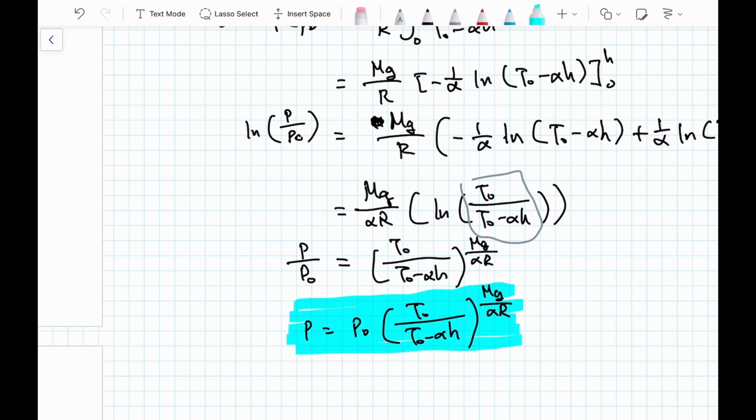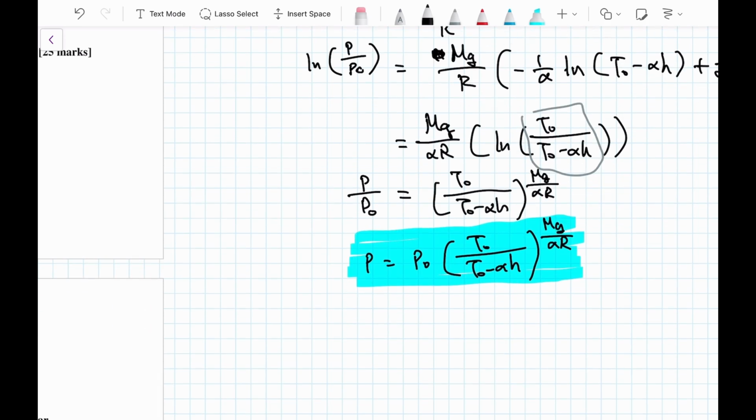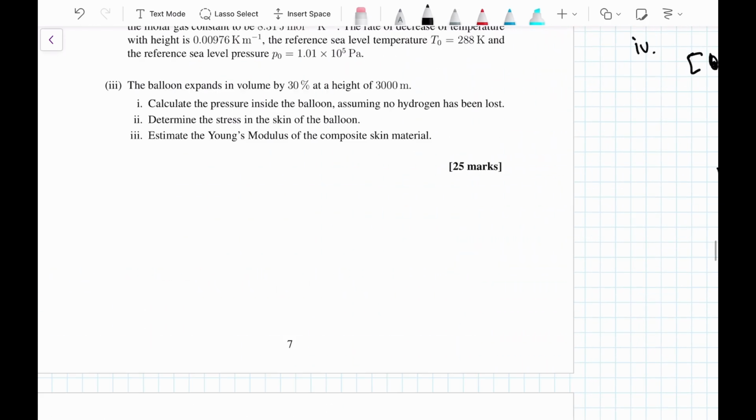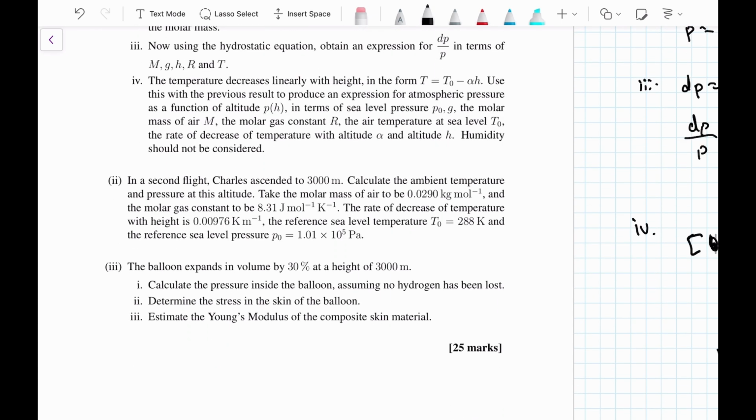Okay, and then let's see the second part. The second part asks, in a second flight, Charles ascended to 3,000 meters. Calculate the ambient temperature and pressure at this altitude. Take the molar mass of air to be 0.029, and the molar gas constant, the rate of decrease in temperature, the reference.